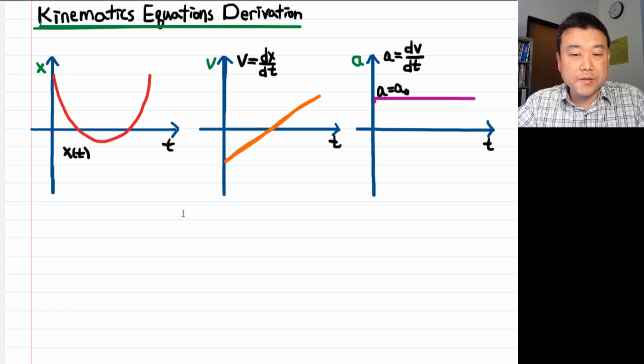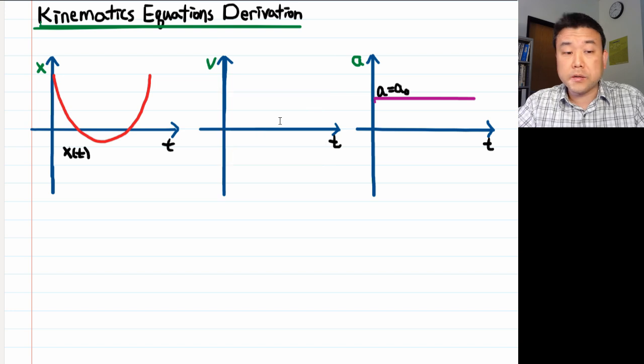It's nice to think of your motion starting at when time equals 0 and working out what happens as time advances into the future. So we have constant acceleration, and what we want to do is build out what the velocity and position will be based on the fact that we have constant acceleration and the definitions of velocity and position.